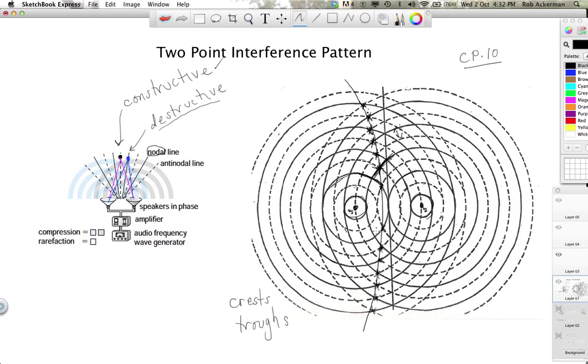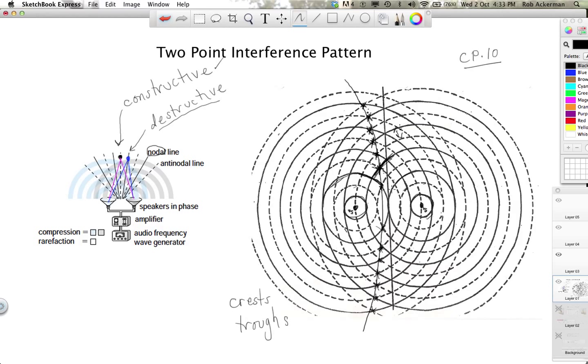And the cool thing in grade 12 is that we don't always use water waves, we actually use light waves. And in doing so, we can measure the wavelength of light, which is probably, I think I can safely say, the tiniest thing you're ever going to measure in high school. Even if you're looking at cells under a microscope, I still don't think they're going to be as small as the wavelength of light. So that's kind of cool that in physics you're going to get to do that. That's why you got to take the grade 12 course.